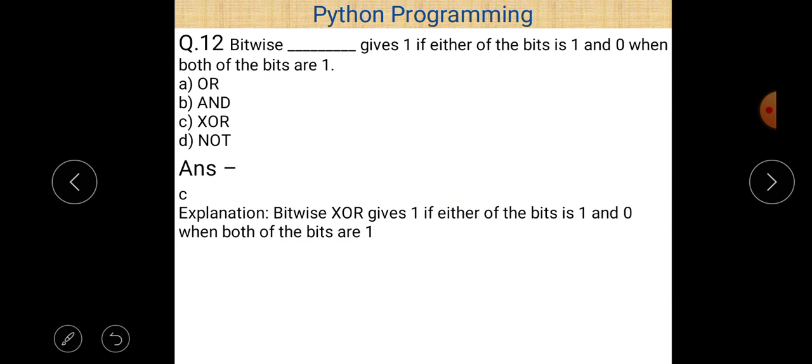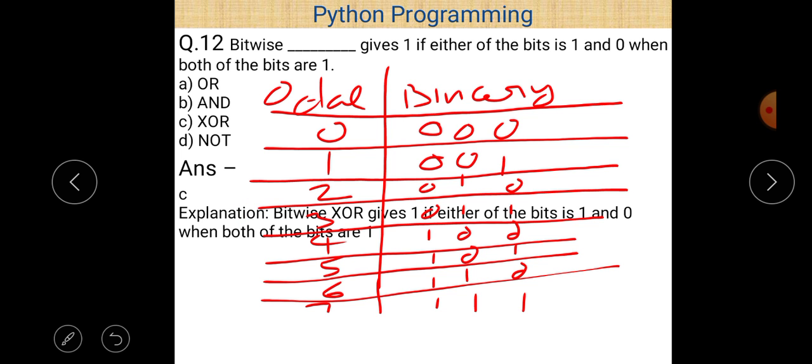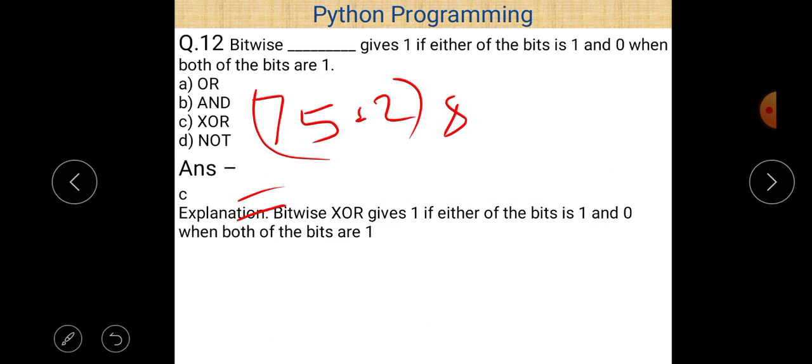Okay. Now, for example, suppose there is an octal number 75.2, and we have to find out its binary equivalent. Then just see the binary equivalent of 7. The binary equivalent of 7 is 111, so write 111.